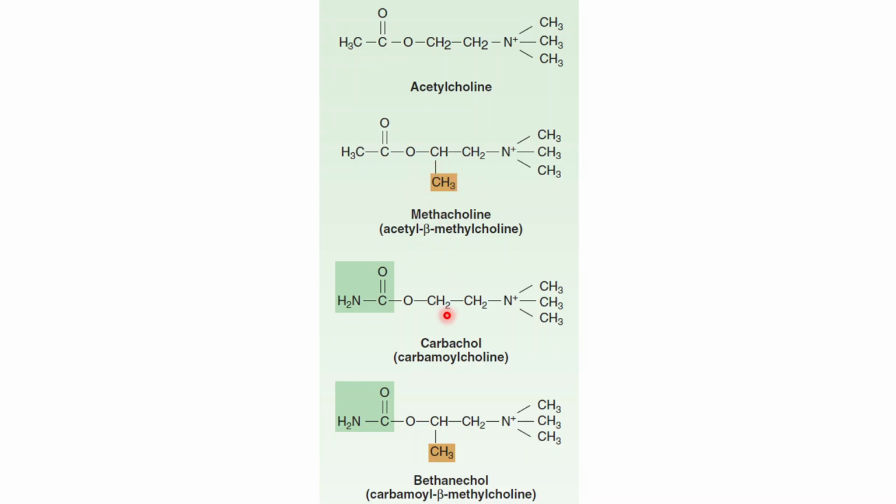So methacholine is called that because in beta position, so this is alpha carbon, this is beta carbon, and on beta carbon methacholine has a methyl group, and bethanechol also has a beta methyl group, so the structure is common, but the difference in bethanechol is that it has a carbamic acid group, so it's a carbamyl derivative, not an acetyl derivative like methacholine.